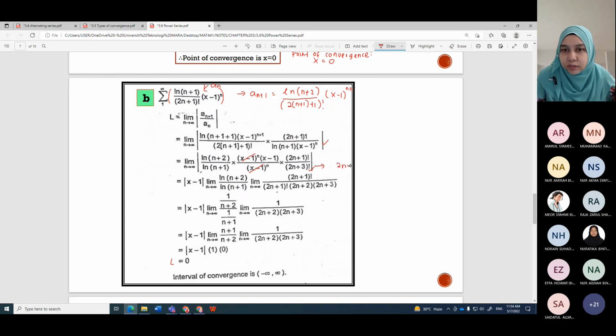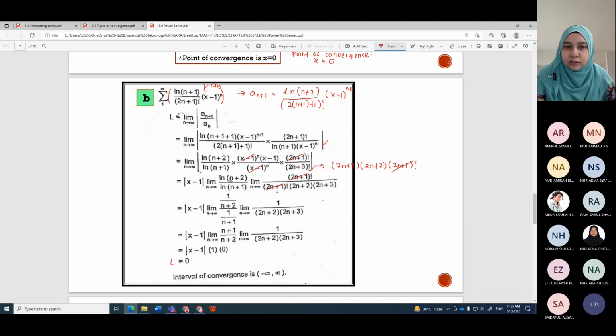Kita akan jadi 2n plus 3 times 2n plus 2 times 2n plus 1 factorial. So, kat sini boleh cancelkan dengan yang atas ni. Atas. Sebabkan tinggal yang ni kita pecahkan lah.